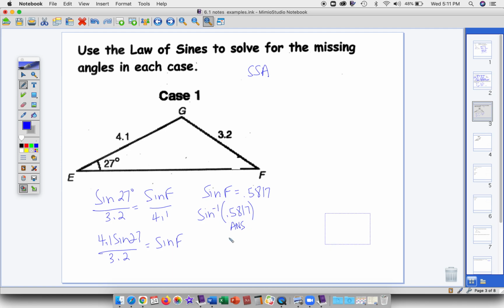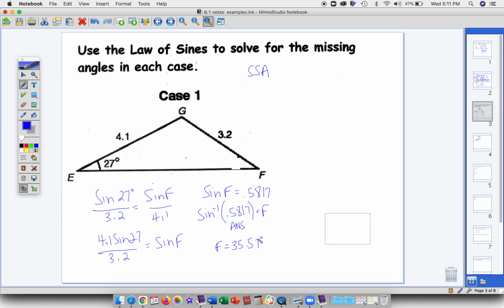Very useful. It's above your negative symbol at the bottom of your calculator if you're using a graphing calculator. If you have a scientific calculator, sometimes it has its own key. So I'm going to do sine inverse of my answer, and I end up with angle F equaling 35.57 degrees.